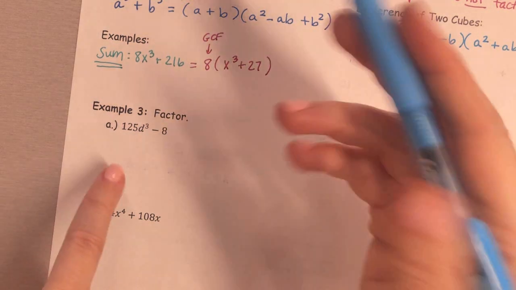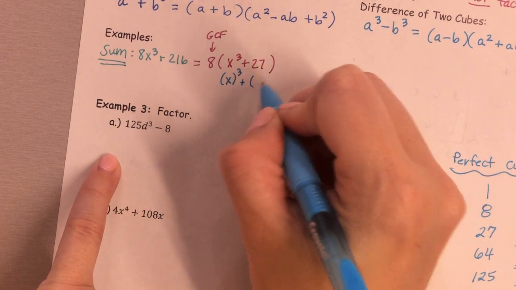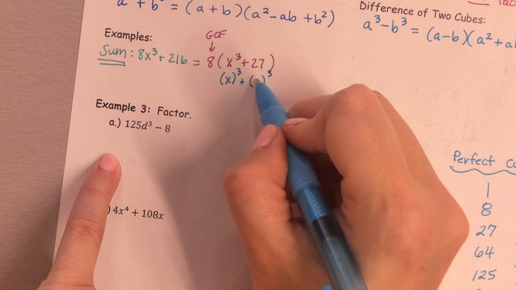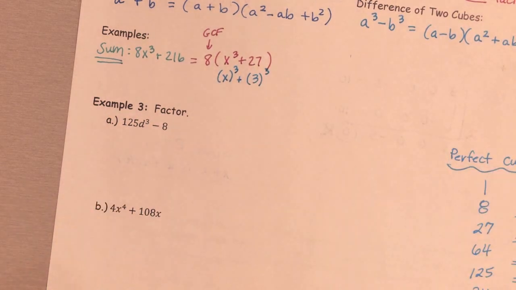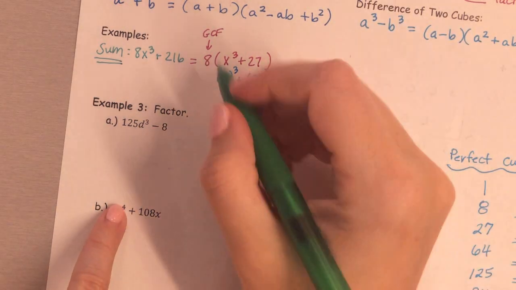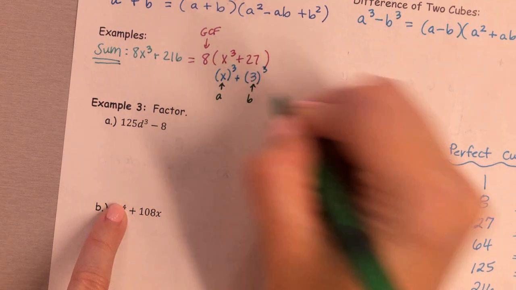Okay, so we're going to think of this as x to the third power plus what to the third power? 3, because 3 cubed is 27. So when you're using your special pattern, okay, your x is your a value, your 3 is your b value.